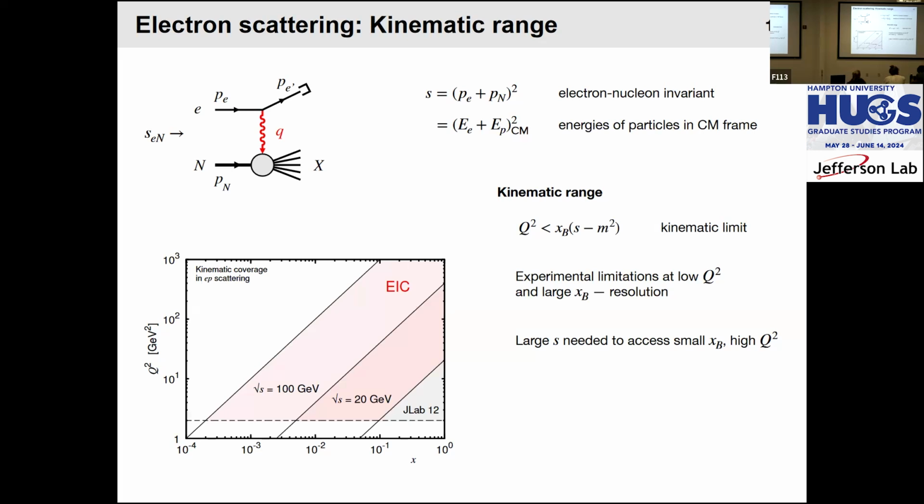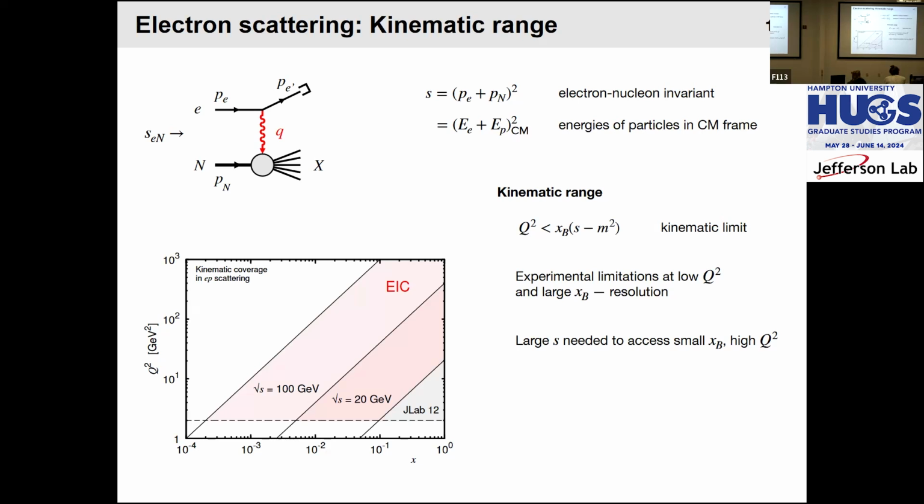The kinematic coverage in a scattering experiment with given S is a kind of triangle that is to the lower right of these lines here. These lines represent the kinematic limit where Q square reaches its maximum value. And you can see how the range available in X and Q square expands with increasing center of mass energy.